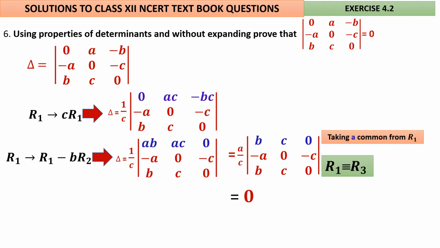Therefore, we are dividing it by C. Simply multiply and divide by C, whichever is convenient. Well, here we have used two ideas: one is multiplying by a scalar, and then operating R1 with a multiple of R2.